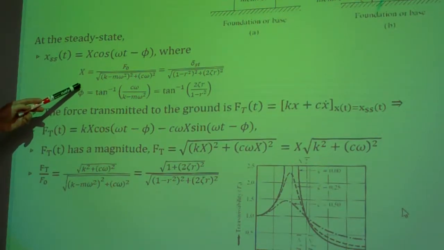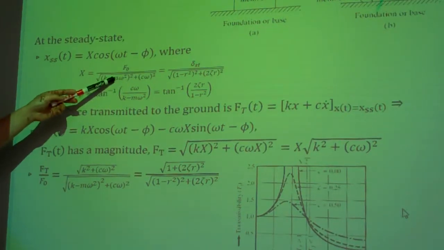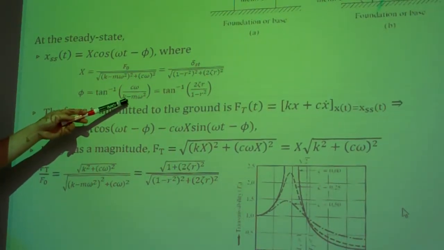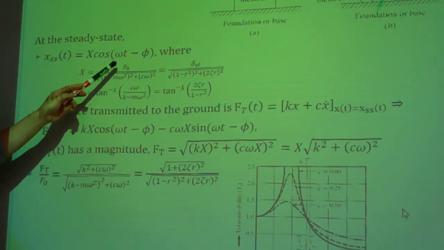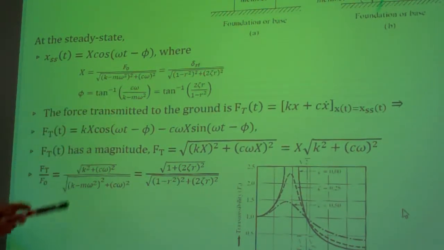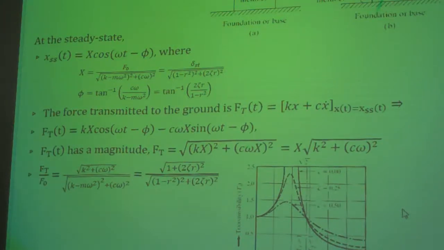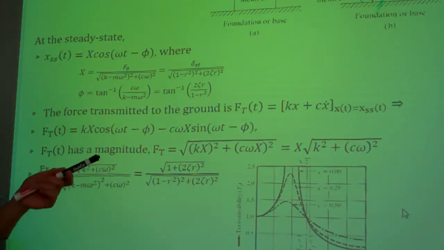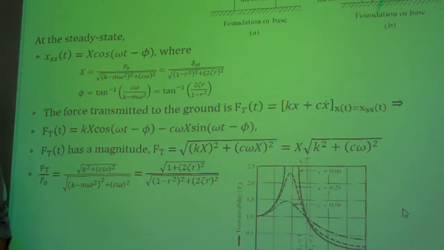So in my Excel spreadsheet, I simply implement this equation and these equations, with 4 parameters: M, C, K, F0, and omega. Then for every single problem in the homework, I simply put those parameters into the input, and right away the numbers come up. Okay.